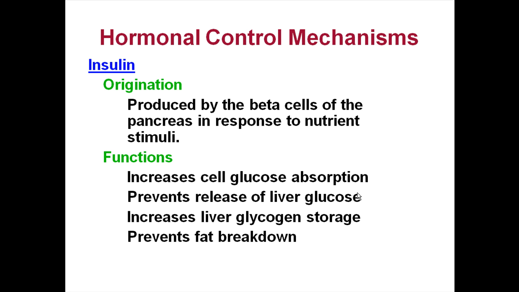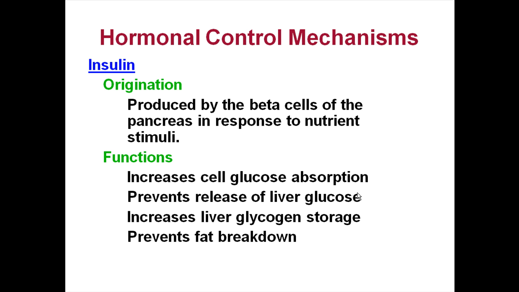The main function is that it's going to cause the cells to increase absorption, and I'll show you how that occurs. It's also going to prevent the liver from releasing glucose from the glycogen that we talked about in the carbohydrate section, because if you've got high glucose in the blood, there's no reason to have the liver put more in.